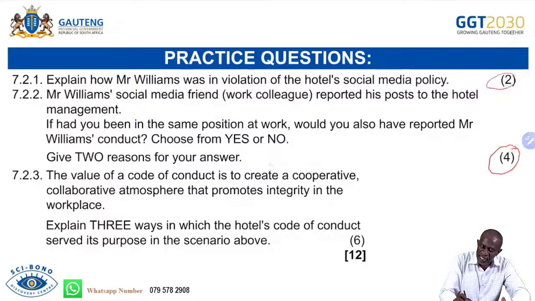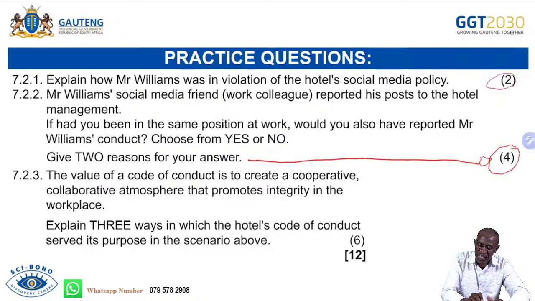And as you can see, it is horizontal to the question, the core of the question. So meaning that yes or no have not been allocated, but you are required to mention if you have taken a yes stance or a no stance with no mark, so that you validate your reasons that you'll be giving.